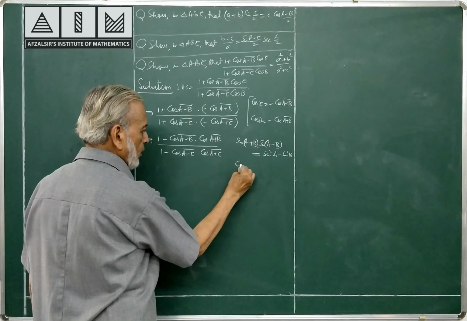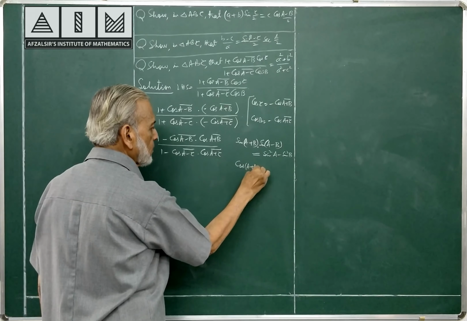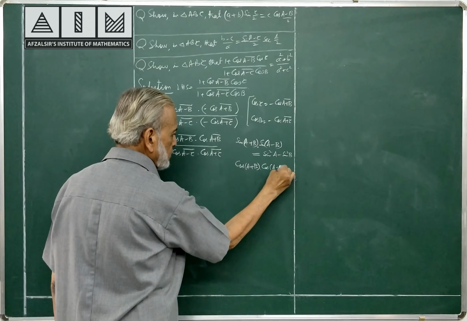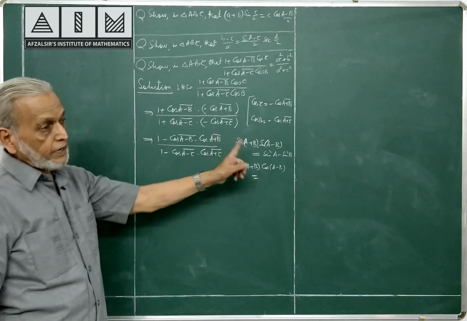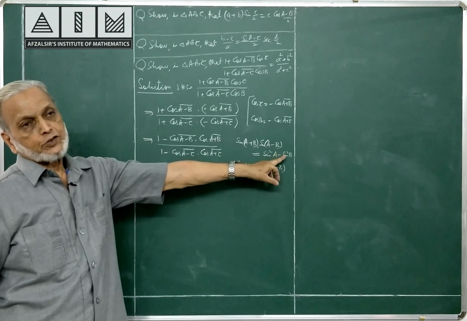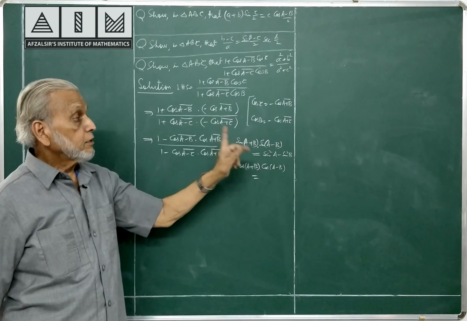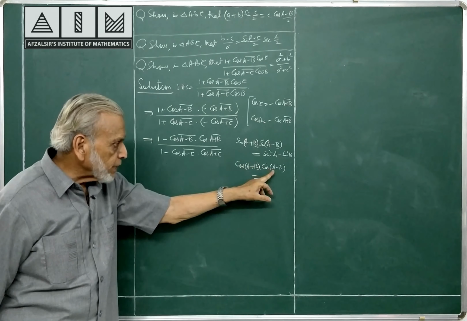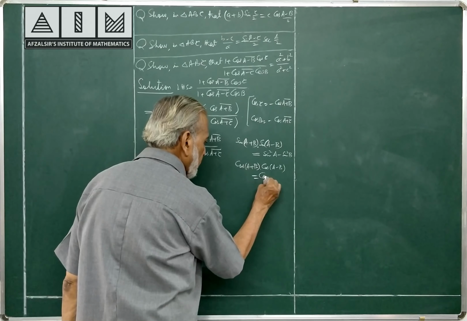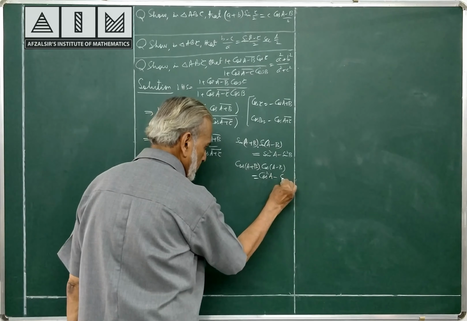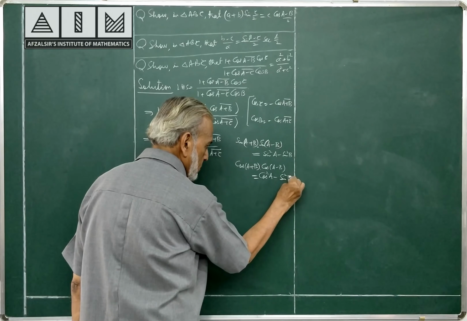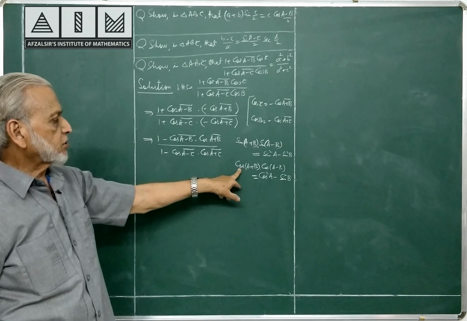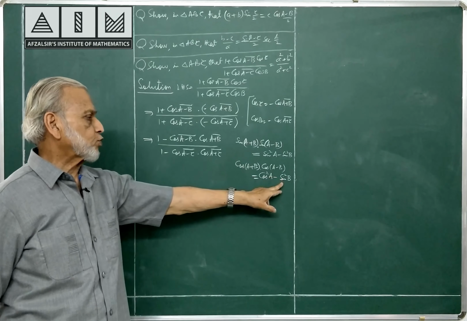Similarly, there is another formula for cos: cos(A + B) into cos(A - B) is cos square A minus sin square B. Don't try to find similarity, there are two different formulae.